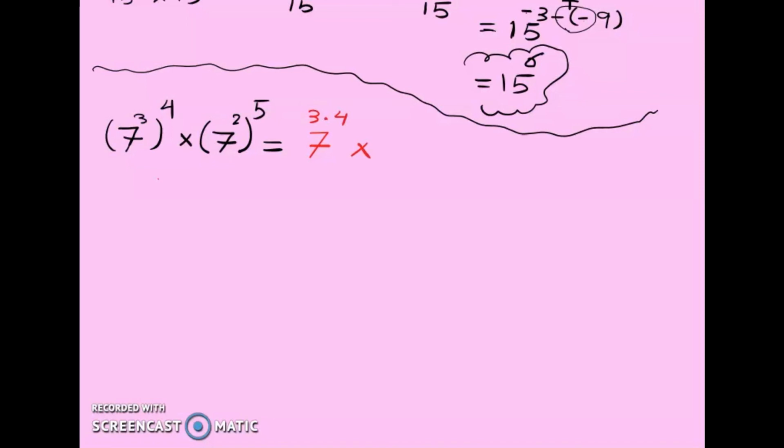The second one is again the power of a power rule, so 2 should be multiplied by 5. The first one, I have 7 to the 3 times 4, which is 12. For the second one, 2 times 5 is 10. So as a result, the answer is 7 to the power of 12 plus 10, because you add them up since this is multiplication. The final answer is 7 to the 22.